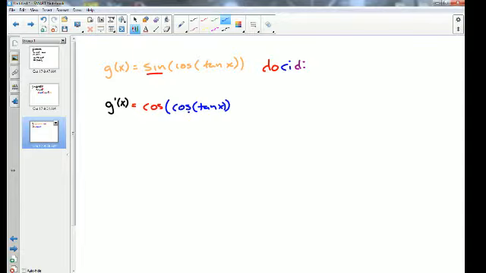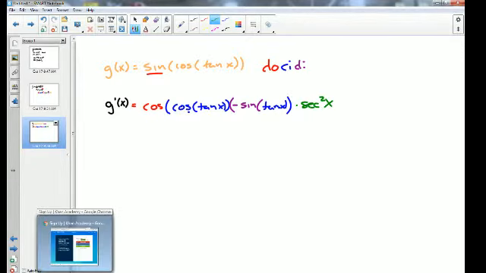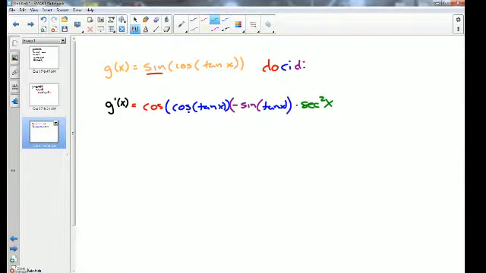So negative sine, and then copy the inside. Now the derivative of... Okay, we're working outside in.